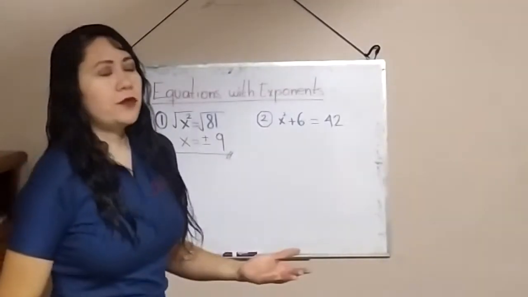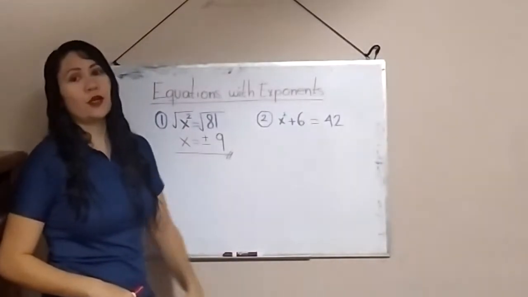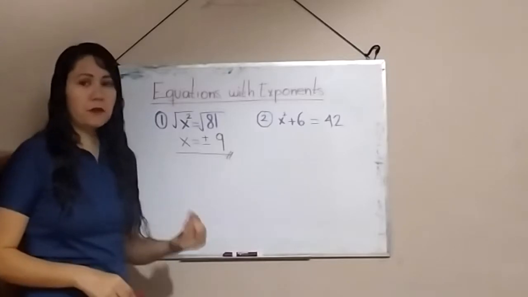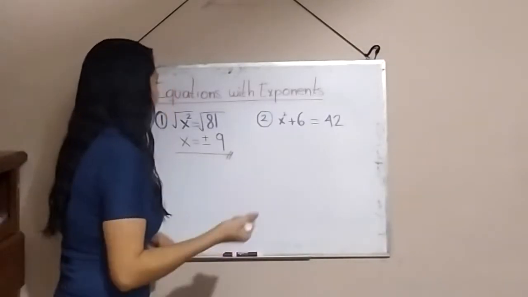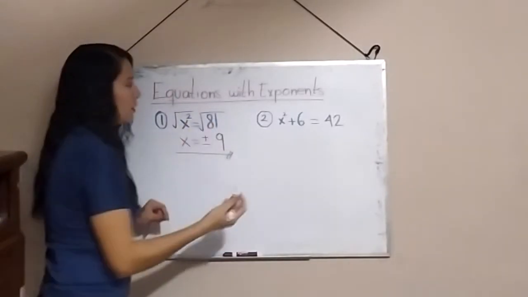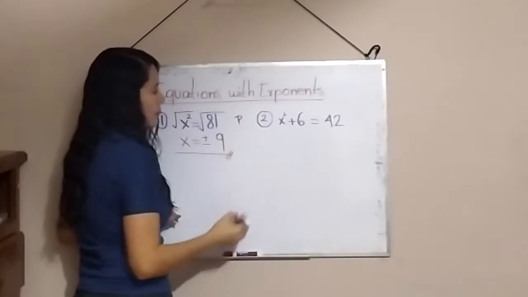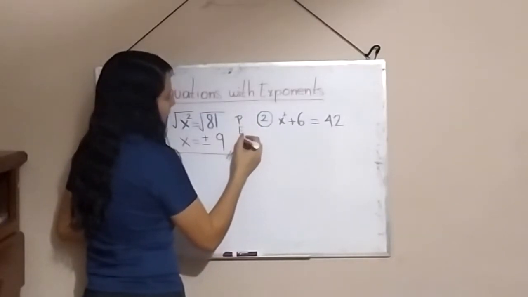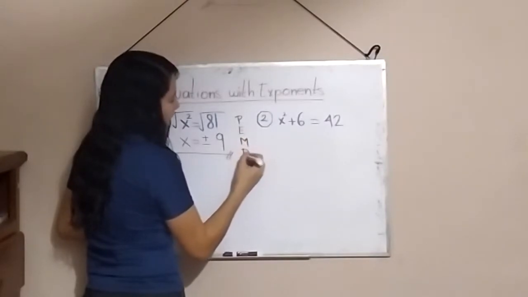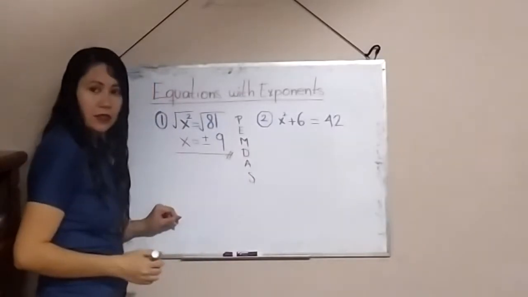Another thing we have to remember is that when we are solving an equation, we always use the order of operation in reverse, okay? Our order of operation in the correct order is first we do parentheses, then we solve the exponents, then we solve the multiplications and divisions, and lastly addition and subtractions.